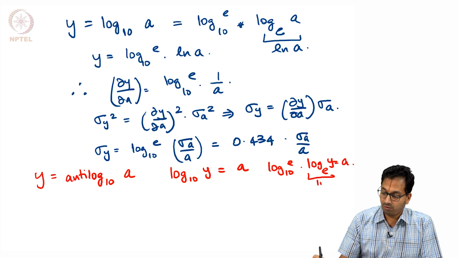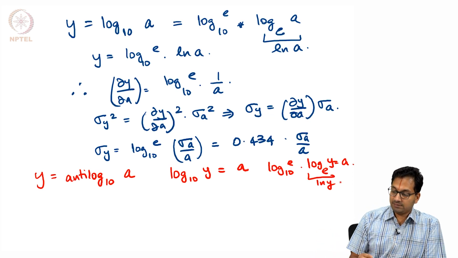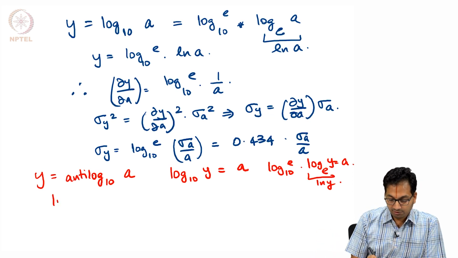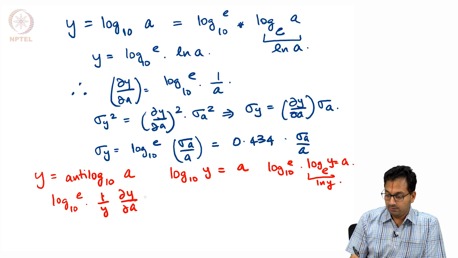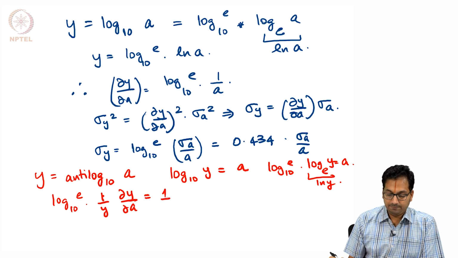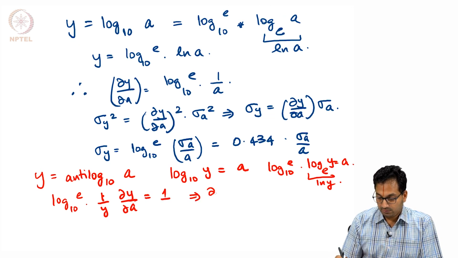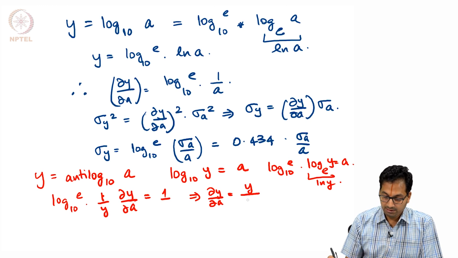This is nothing but ln of y. So that makes it easier for us to calculate. So log e to the base 10 times 1 over y dou y by dou a is equal to 1. This implies dou y by dou a is equal to y divided by log e to the base 10.